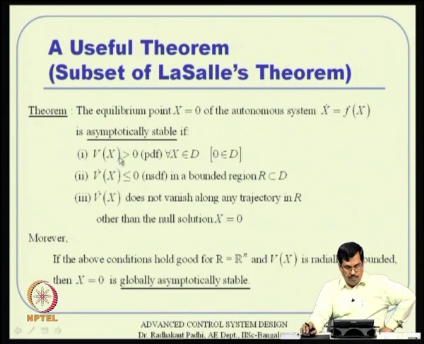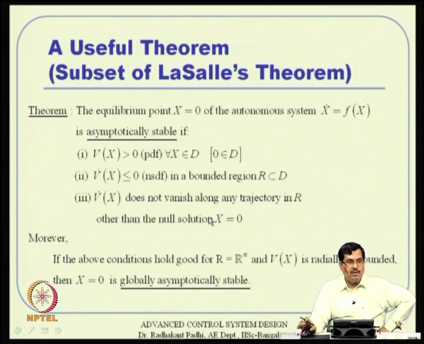Let V of x be a positive definite function in domain D. V dot of x is a negative semi definite function in a bounded region R which is a subset of D. And this V dot of x does not vanish, that means V dot of x is not equal to 0 along any other trajectory in R other than the null solution x equal to 0.